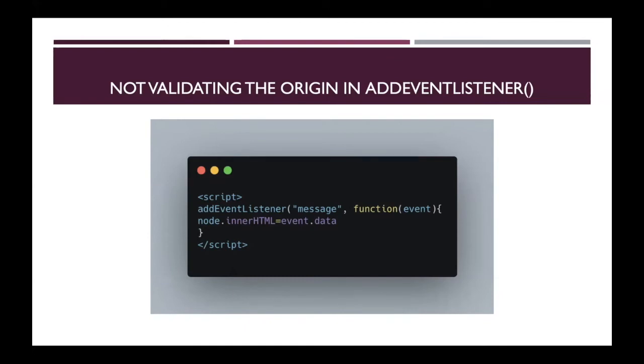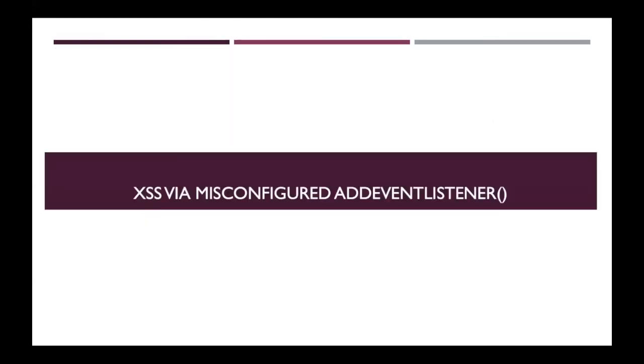As you can see on the screen, I have defined the addEventListener, which is passing the data into innerHTML, and it is not validating the origin, that is, where the event listener is getting the particular information from. In that case, you can perform XSS, or you can say DOM-based XSS, with this misconfiguration in addEventListener.